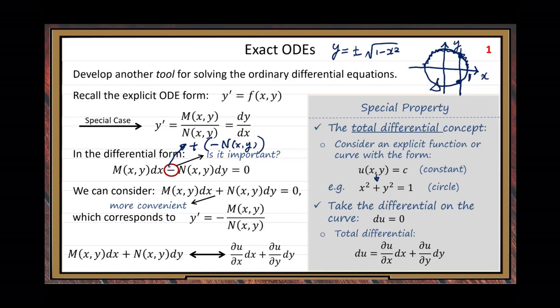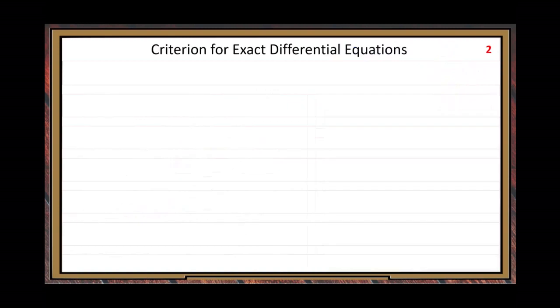But if you want to match these two expressions, you need to put some condition there. You must enforce some certain condition. If you do not put any condition, then you cannot match them. So next, we need to consider the criterion for exact differential equations, the condition we want to enforce.